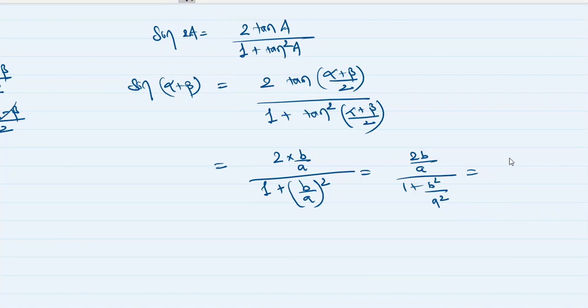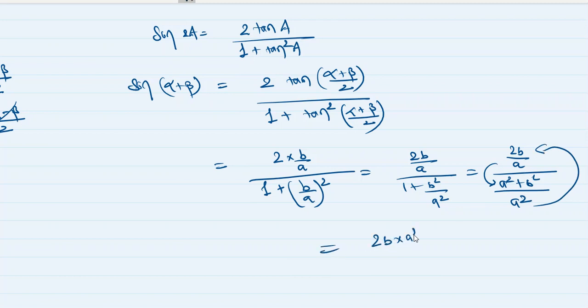Okay, so we have 2B by A the whole upon (A square plus B square) by A square. So this A comes down, this A square goes up. So we have 2B times A square upon A bracket A square plus B square. So this A gets cut with A square, so we have 2AB upon A square plus B square.